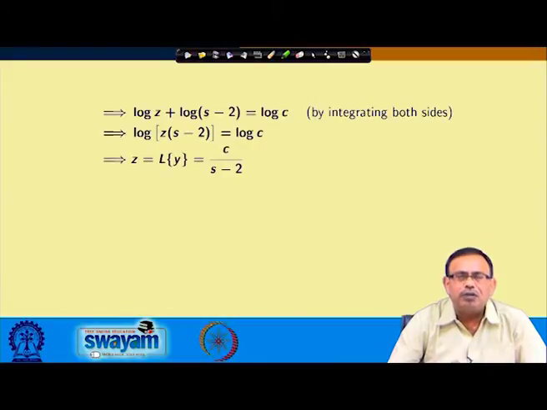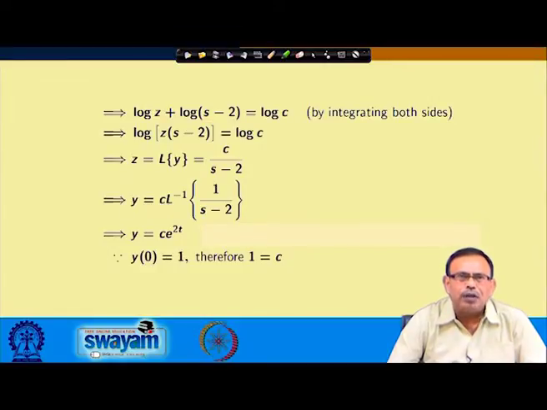So, I can write z, which is nothing but the Laplace transform of y, equals c by s minus 2, and I can write y equals c into Laplace inverse of 1 by s minus 2, and Laplace inverse of 1 by s minus 2 is nothing but e power 2 t. Here it is c into e power 2 t. Using the condition y 0 equals 1, I will obtain c equals 1, so that the solution of the given differential equation is y equals e power 2 t.